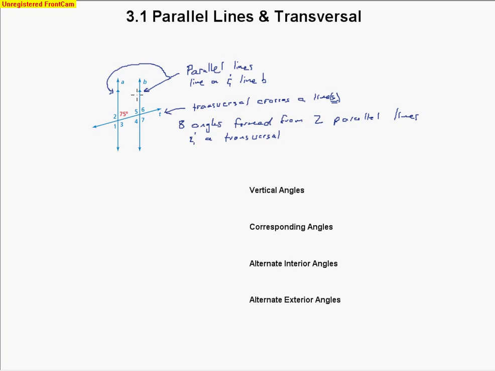And so whenever we have two lines that cross, we have 4 different angles that are made. And so vertical angles are always congruent. And so here's my symbol for congruent. It's an equal sign with this little tilde on top, and this means congruent. And congruent just means the same measure.